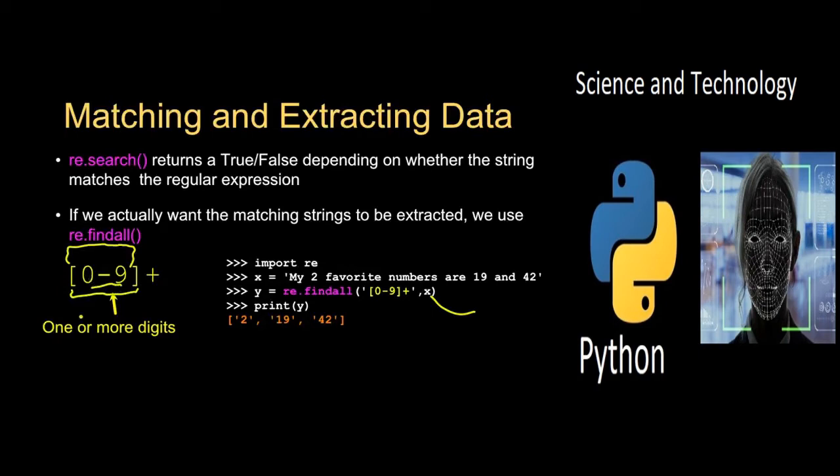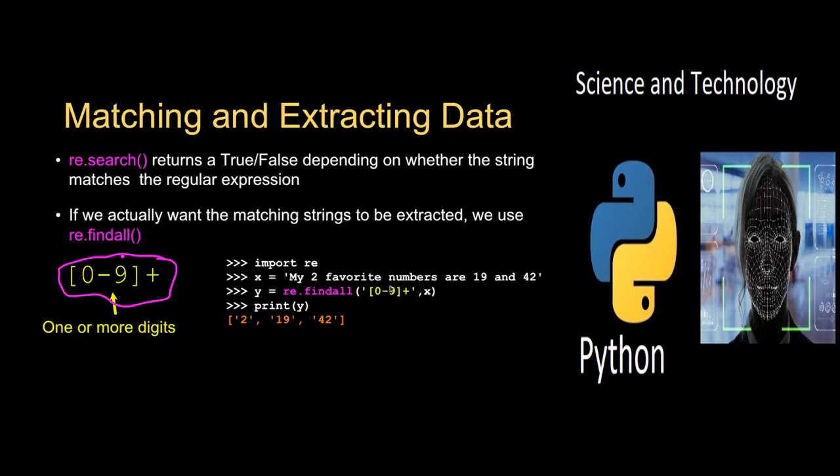So 0-9 means a single digit, 0 through 9, but that's really one character. And then the plus applies to that, which means one or more digits. That's the code we write in a regular expression that says one or more digits.